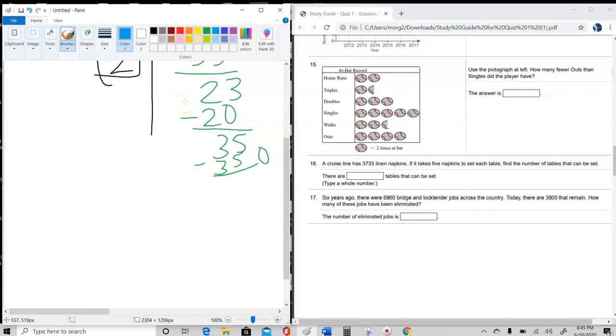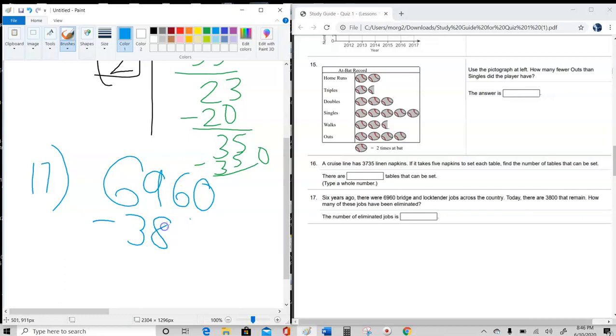So you got to figure out what operation, whether it's addition, subtraction, multiplication, or division. So we're setting up a problem now. All right, the key word there is eliminated.